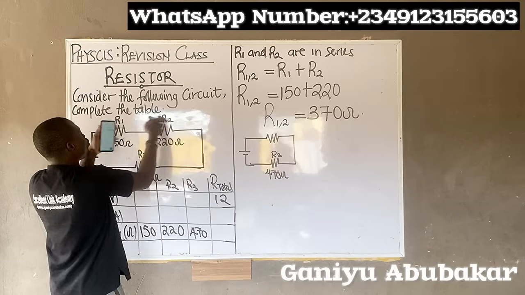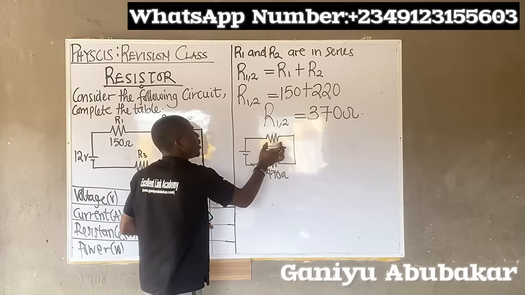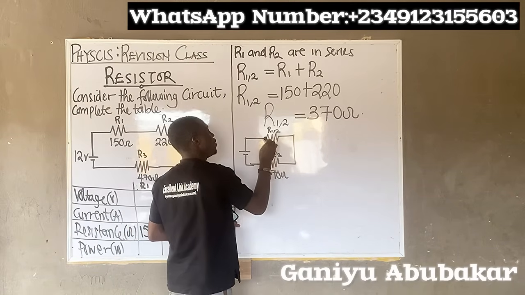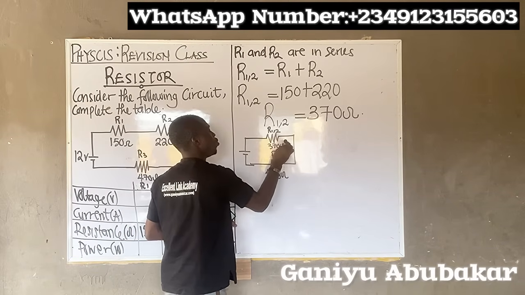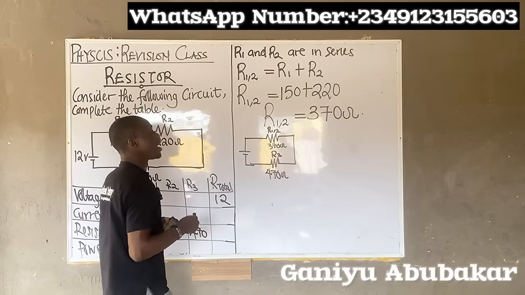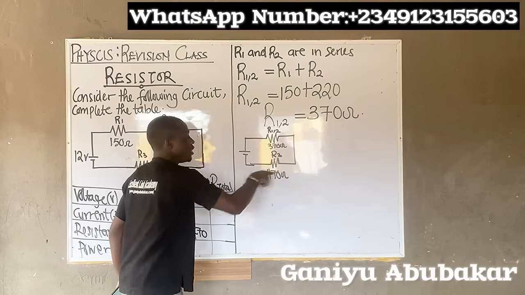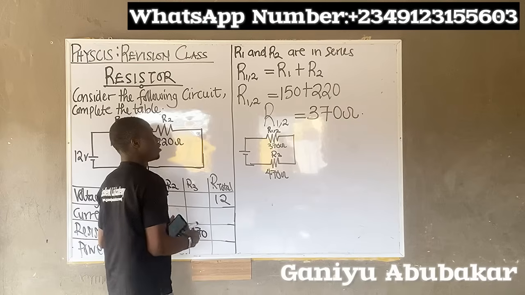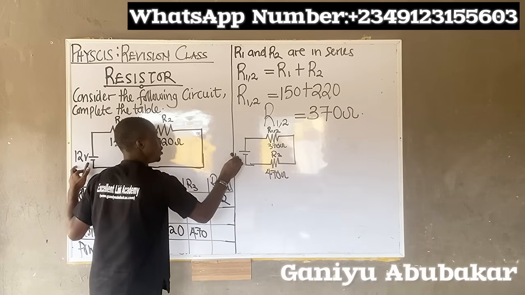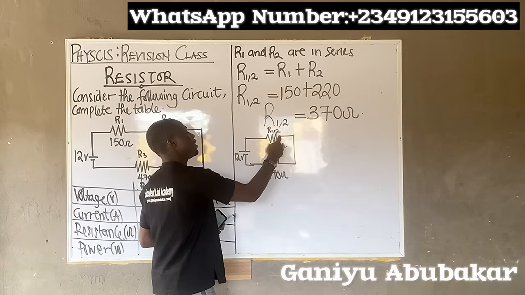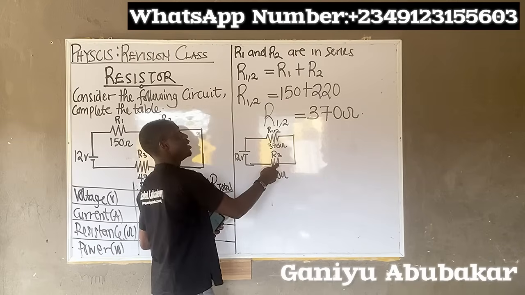So I combine these two together to form one, and that one is called R12, and R12 is 370 ohms. Now observe that R12 and R3 are connected in series. By the way, I have a 12 volt source here. Just like that, this end moves to this end. This is an end-to-end connection of resistors.